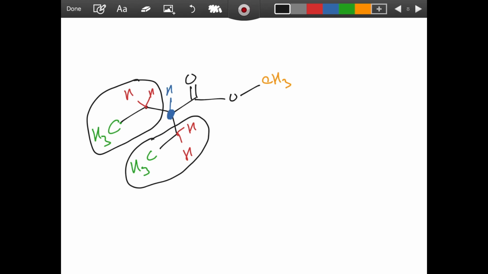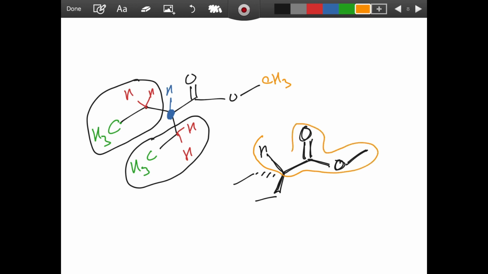You could also think about it as there's a plane of symmetry, right? If we drew the molecule out kind of like this, the screen cuts the molecule in half, where all of this is in one plane, and that is in the plane of the screen. All of that is in the plane of the screen.